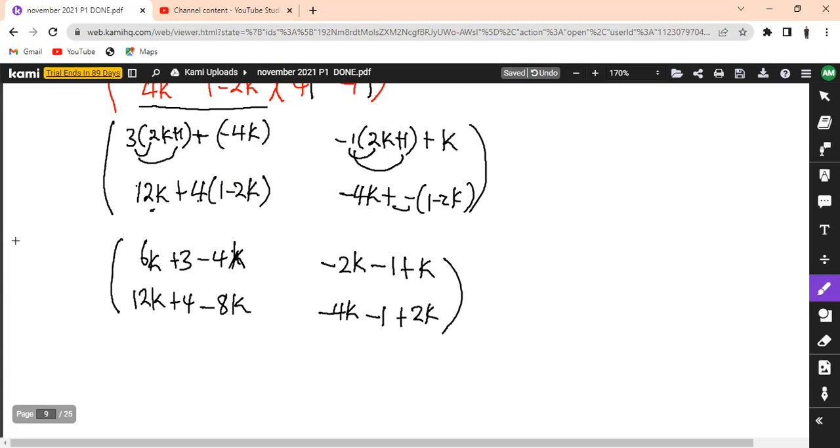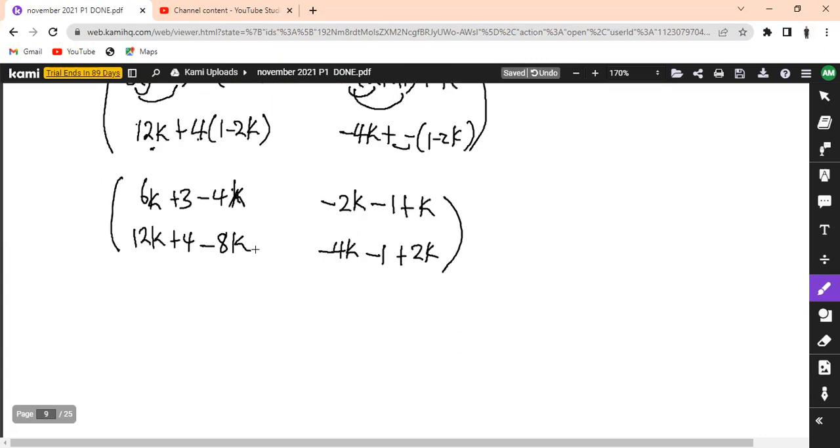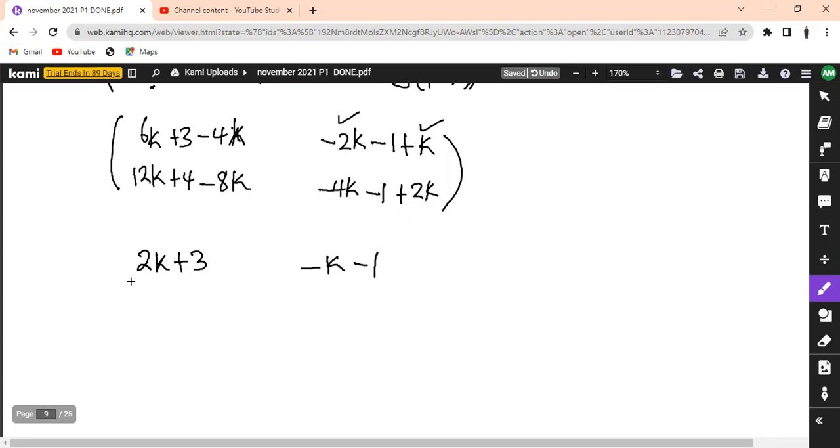All right, so you can collect like terms and simplify further, which is 6 minus 4, that is 2k. So we are going to obtain 2k plus 3 minus k plus minus 2k plus k, which is minus k minus 1. Here we can collect like terms, which is 4k here, 8 minus 12 minus 8, that is 4k plus 4.